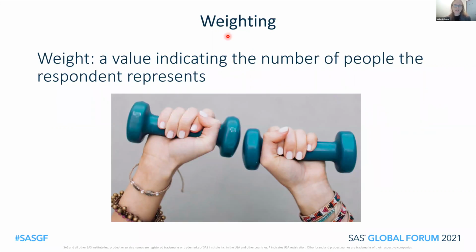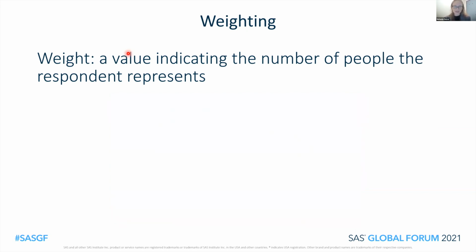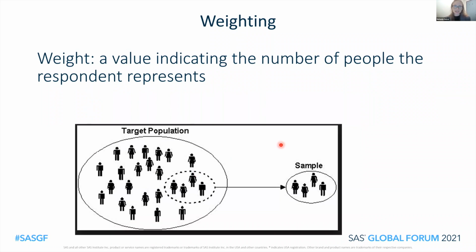So the other design feature that we need to take into account in our SAS code is weighting. And weighting does not mean these dumbbells that make your arms stronger. A weight is a value indicating the number of people each respondent represents. So here we have our illustration again of our target population and our 4-person sample.